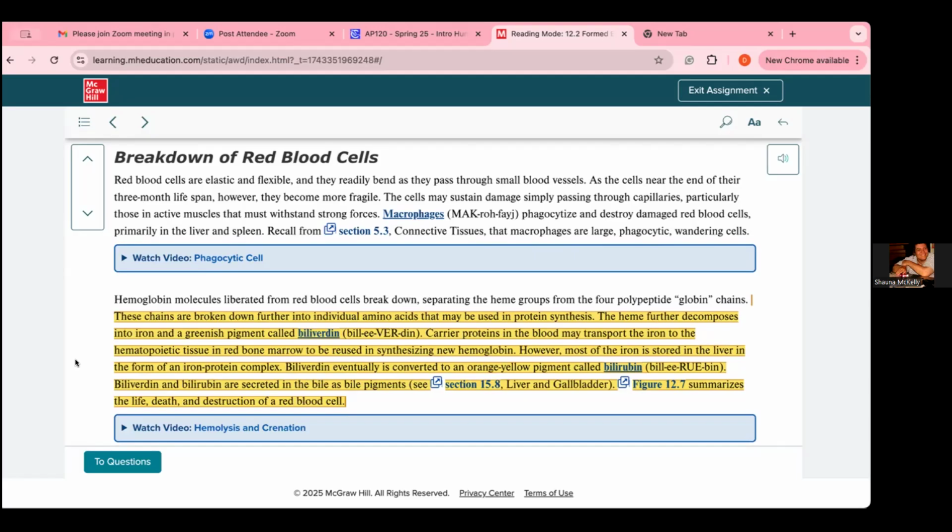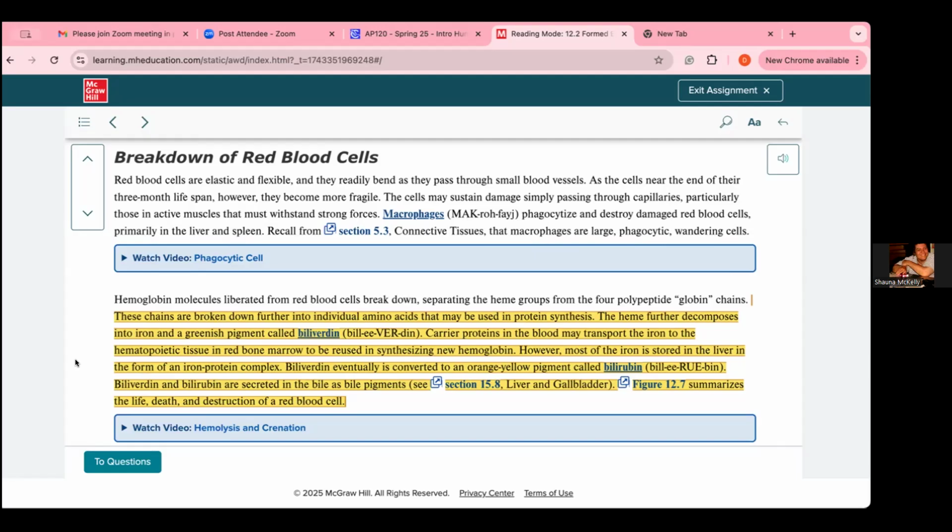However, most of the iron is stored in the liver in the form of an iron protein complex. Biliverdin is eventually converted into an orange-yellow pigment called bilirubin. Biliverdin and bilirubin are secreted in the bile as bile pigments.